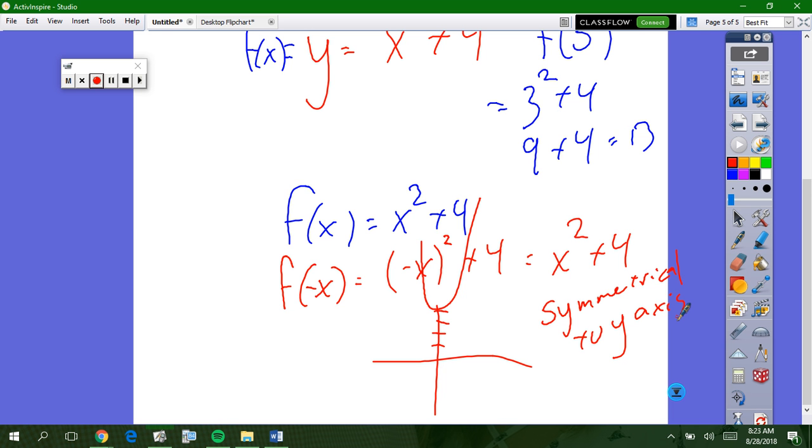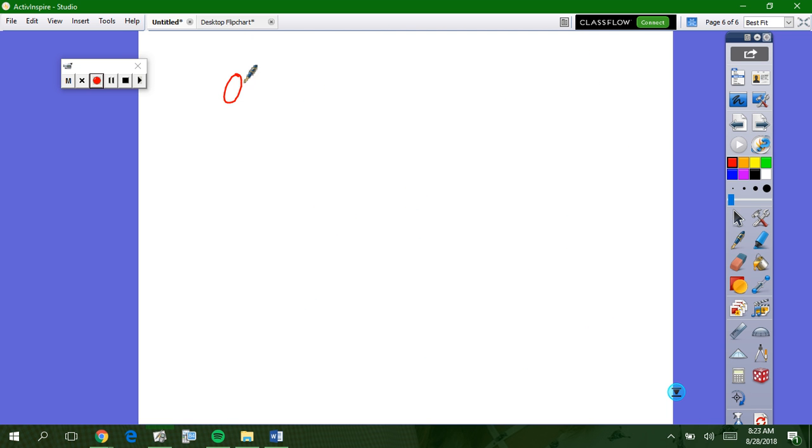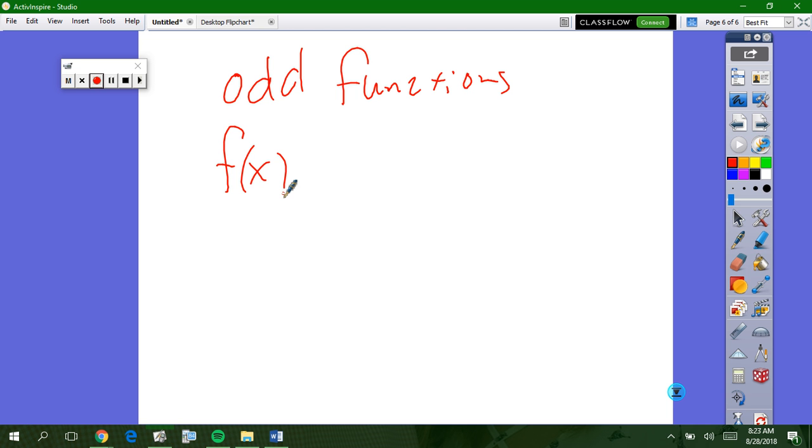Okay, odd function. Odd functions, you do the same procedure. So I have my f of x function.